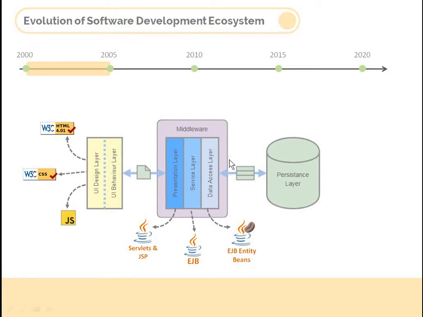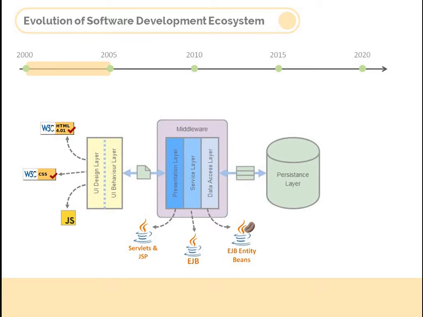And coming on to the middleware, here we can see the middleware, which is enclosing this entire application. Once the application code has been written, it is packaged, and the running application resides in a container which is called a web server.